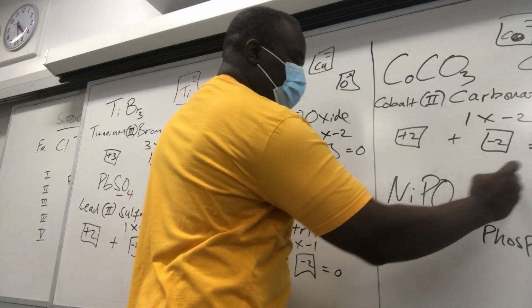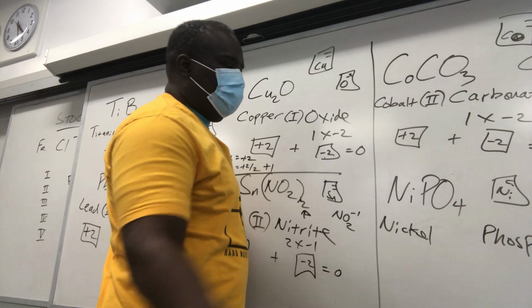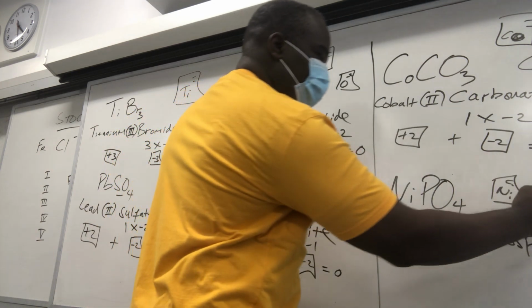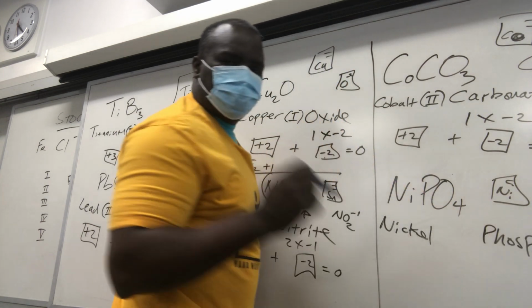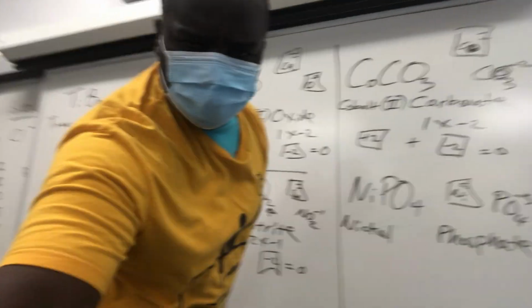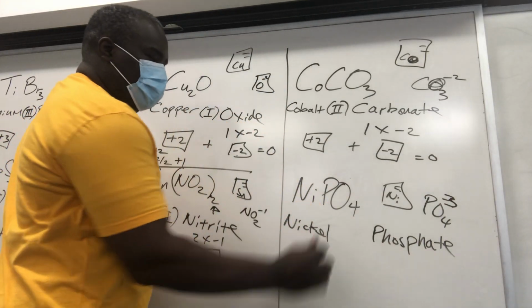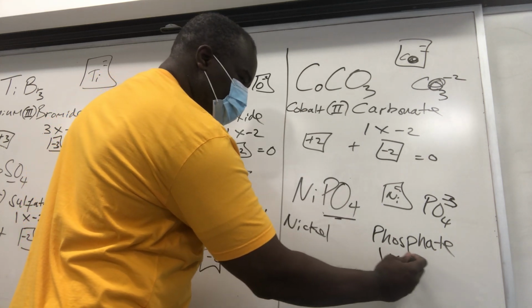Nickel has multiple oxidation states. Phosphate, PO4, the whole unit carries a charge of what, guys? You look on your reference table, table E, it carries a charge of -3. Bam. So we got 1 whole phosphate right here. 1 phosphate times -3.